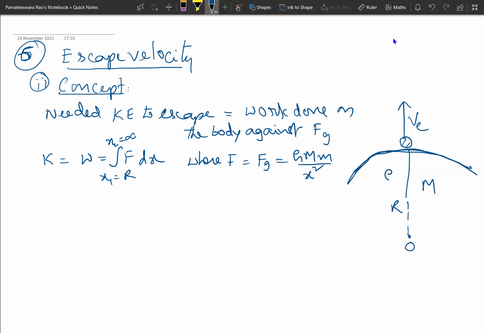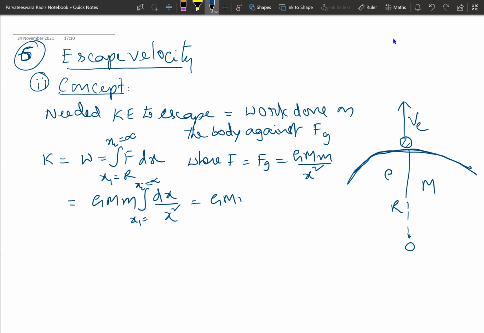So we get this as G capital M small m. They're all constants. Integral dx by x square, x1 is equal to R to x2 is equal to infinity.